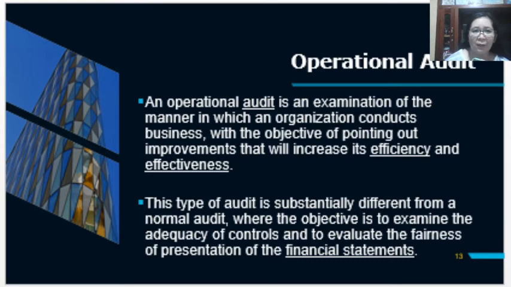So the objective of this is to point out improvements that will increase their efficiency and effectiveness. So this type of audit is substantially different from the normal audit, because the objective here is to examine the adequacy of their internal controls and to evaluate the fairness of presentation of their financial statement.